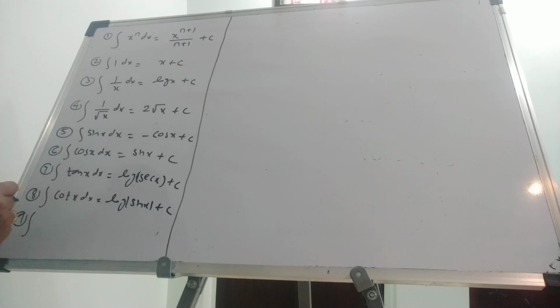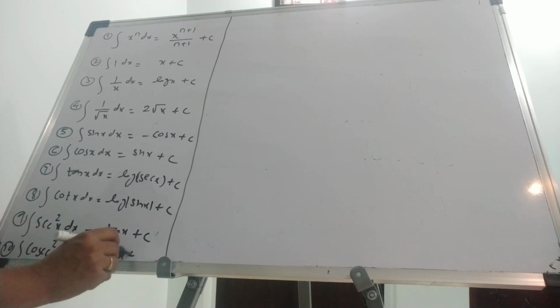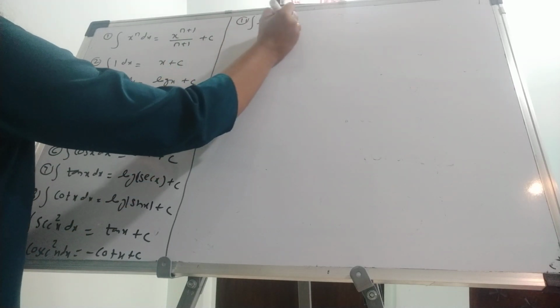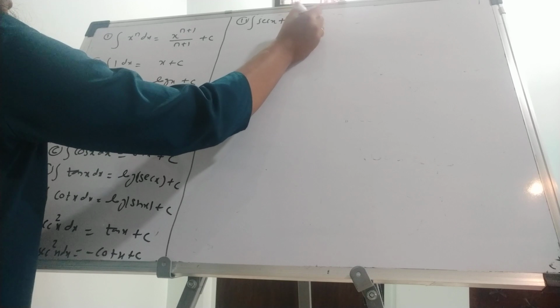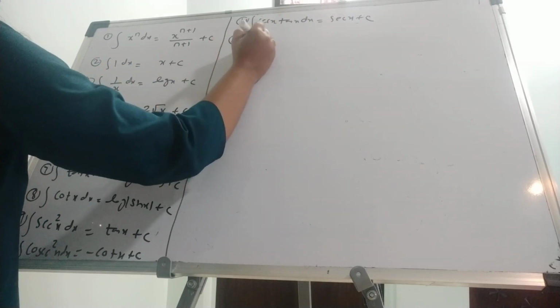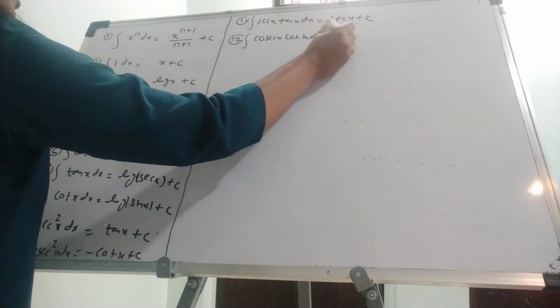Integration of sec square x is tan x. Integration of cosec square x is minus cot x. Integration of sec x tan x is sec x. Integration of cosec x cot x is minus cosec x.